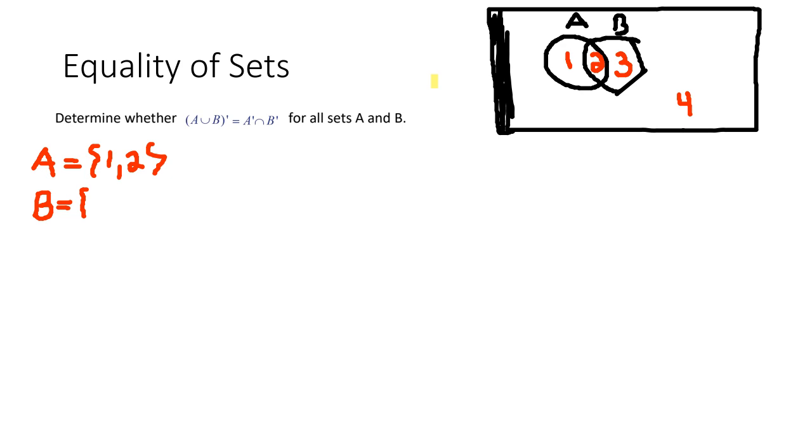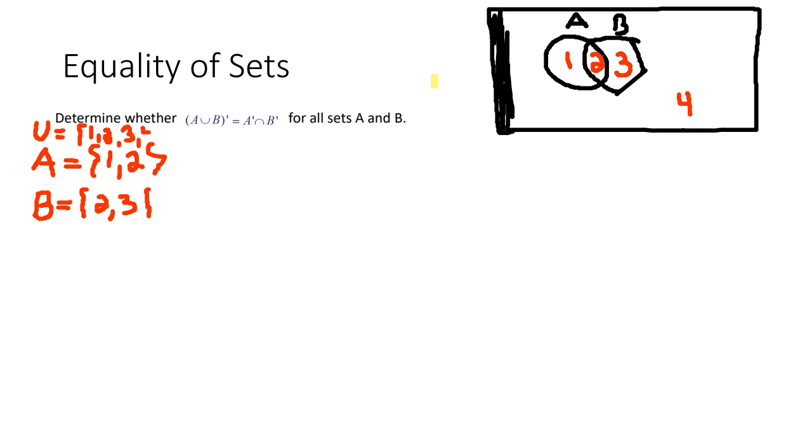The number 2 and the number 3. And then there's one more set, right? And what set is that? What do we call it? The universal set. So the universal set just has everything. 1, 2, 3, and 4.